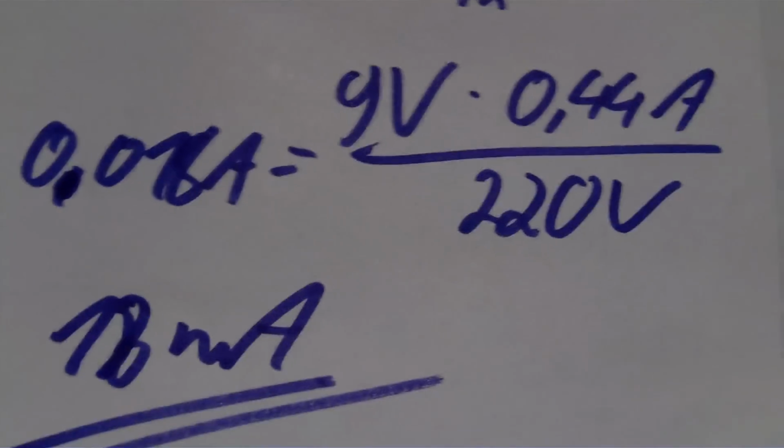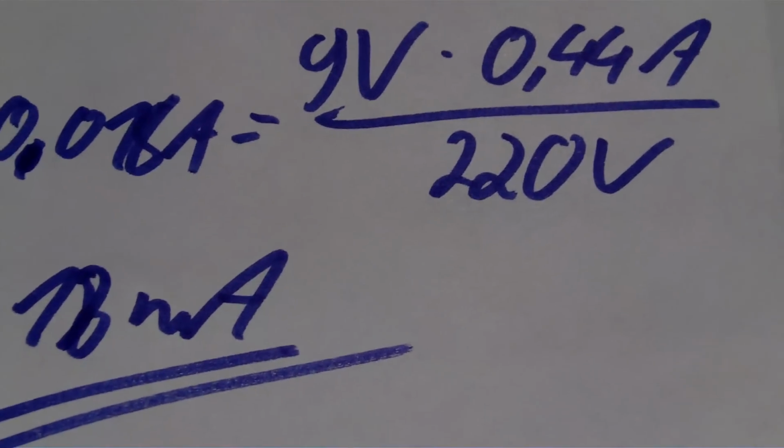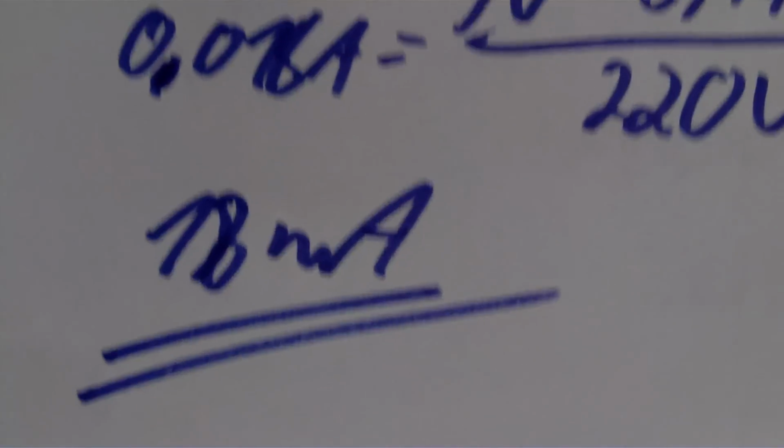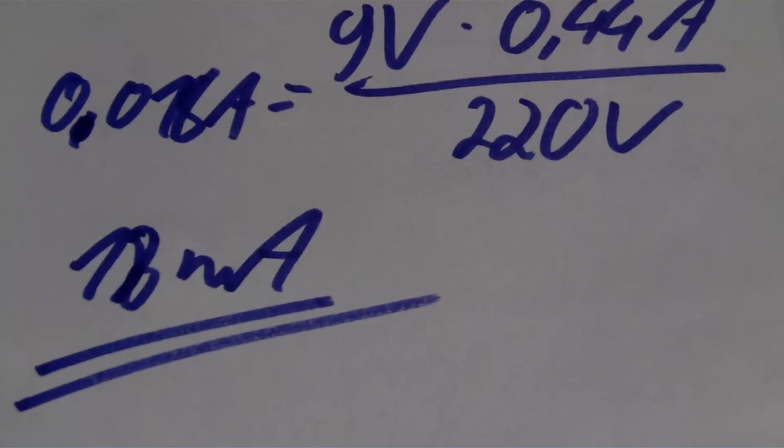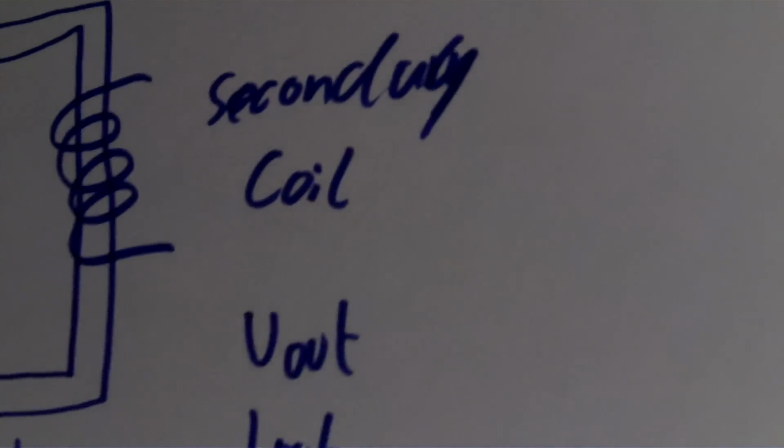Okay, if you have a high number of turns in the primary coil, this happens. The voltage on the secondary coil goes down, and this is what we wanted.